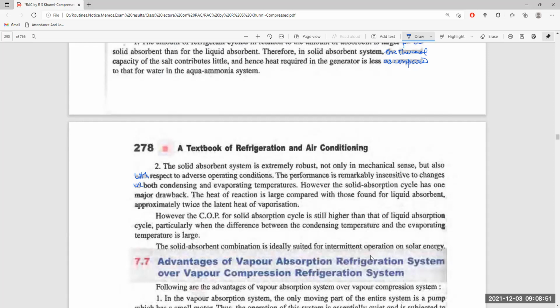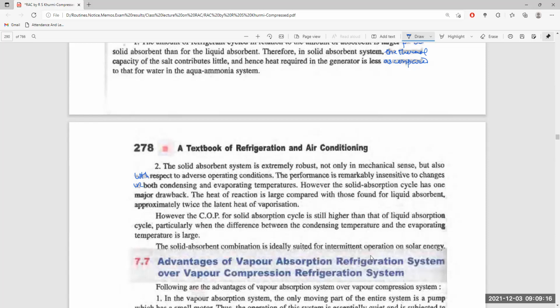At the time of absorbing the refrigerant like ammonia with absorbent like water, as well as calcium chloride, a certain amount of reaction takes place, and every reaction releases a certain amount of heat. The reaction between ammonia and water is comparatively negligible, but still some temperature will rise there.